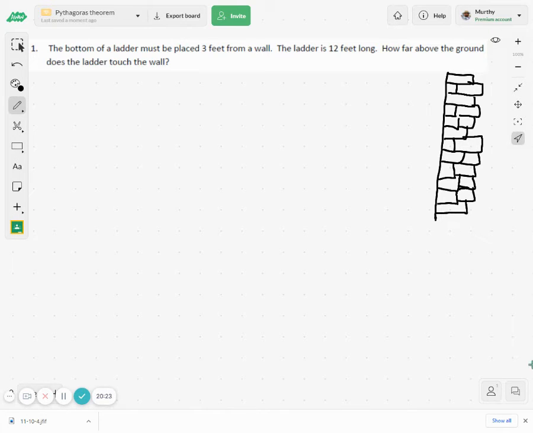So there is a wall, and a ladder must be placed. So here is the ladder. The steps should be parallel. So here is the ladder.